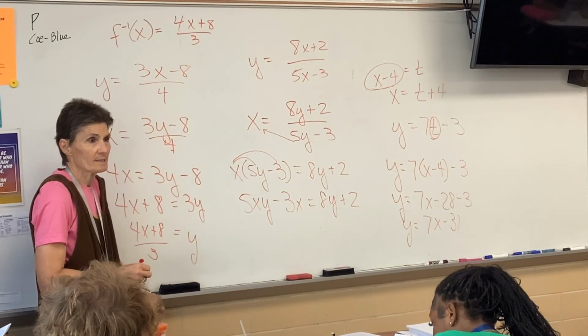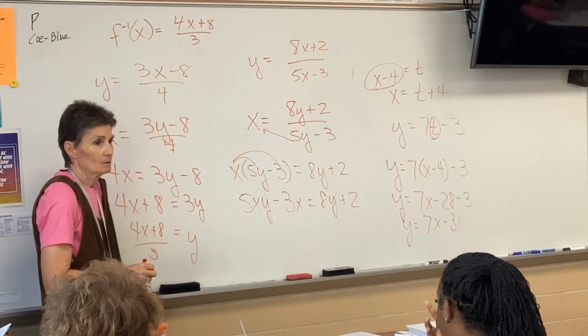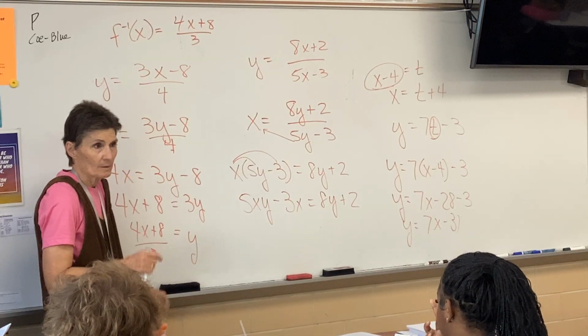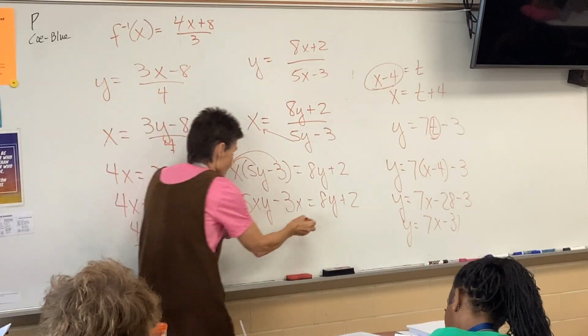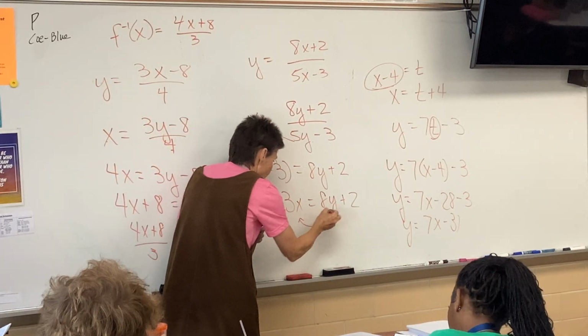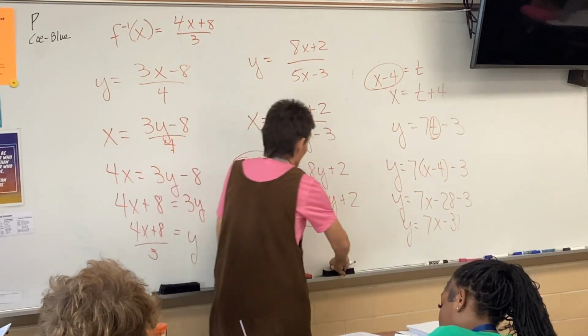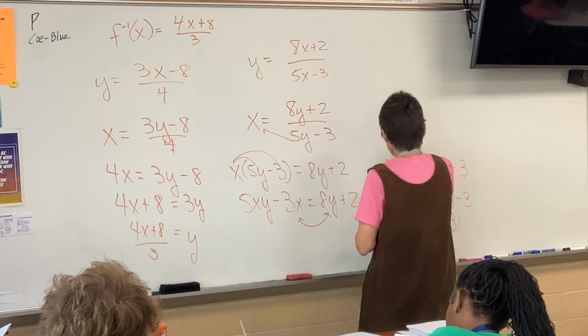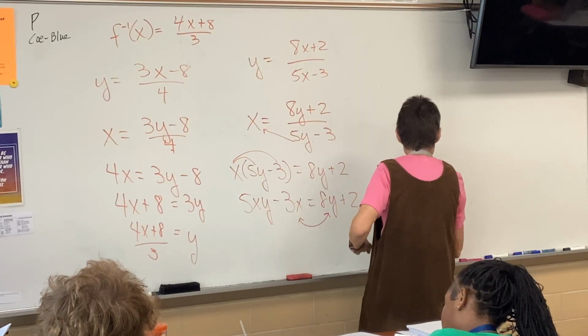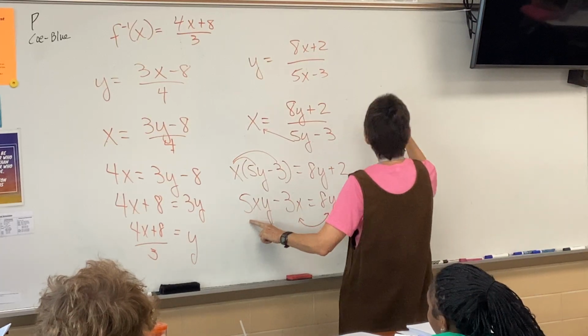Big, big, big important step now. Who remembers? Subtract that 8y over. These two right here need to be moved. Both of them need to be moved. So when you bring the 8y over, he'll become negative. And when you move the 3x over, he'll become positive.